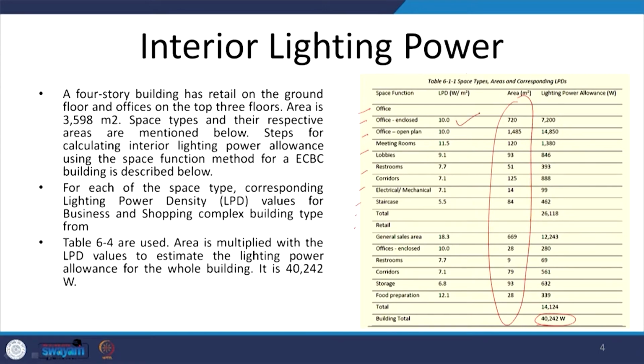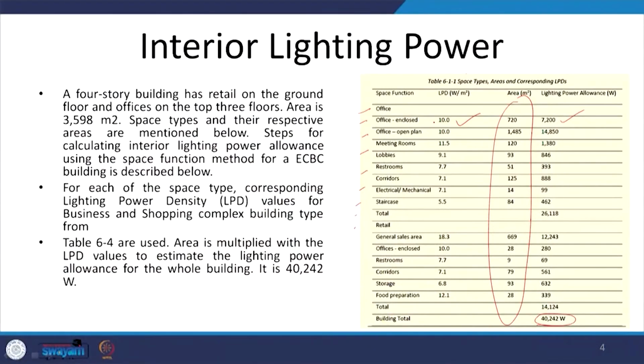Based upon the LPD requirements taken from the ECBC, we calculate the total lighting power allowance which can be taken for each space, and based upon this the lighting system will have to be designed and the luminaires picked. Here, the LPD of each space will have to be met individually.